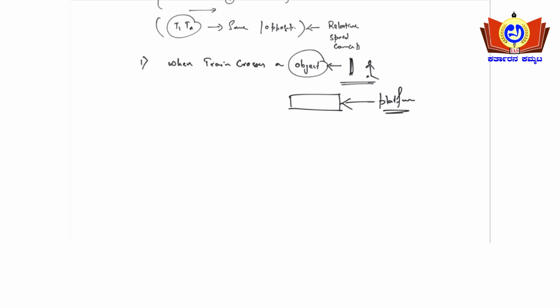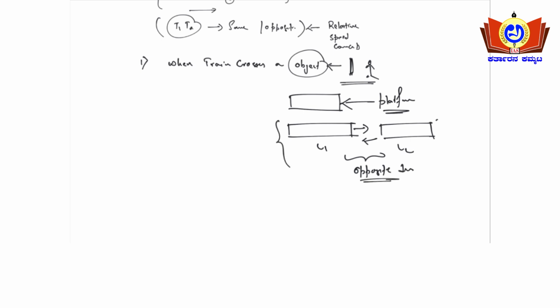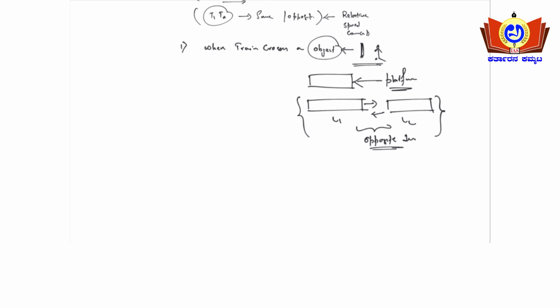Another type of question will be, one train is of length L1 and another train is of length L2. If they are crossing each other, that is, moving in opposite directions, what time does it take for both trains to cross each other? These are the kinds of questions you will expect in trains.